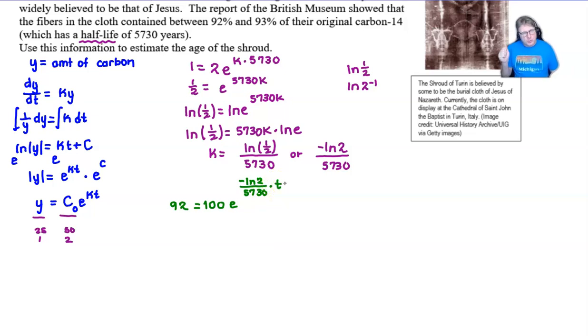We don't know the time that it takes in order for this particular cloth to decay to that 92%. Well, we're going to divide by 100, which obviously is going to give us the 0.92. And then we have this e to the negative natural log of 2 over 5730 times t power.